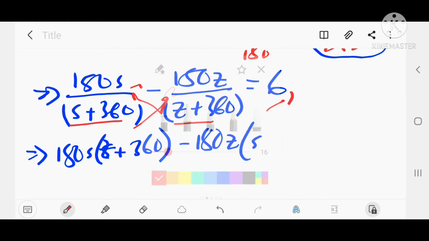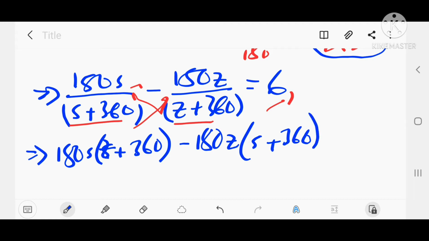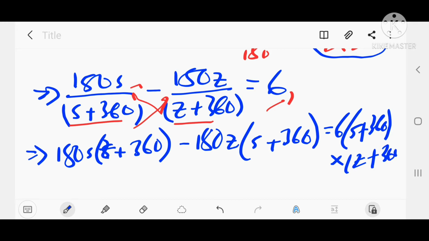So we have z plus 360 bracket close, equals 6 bracket open, s plus 360 times z plus 360.